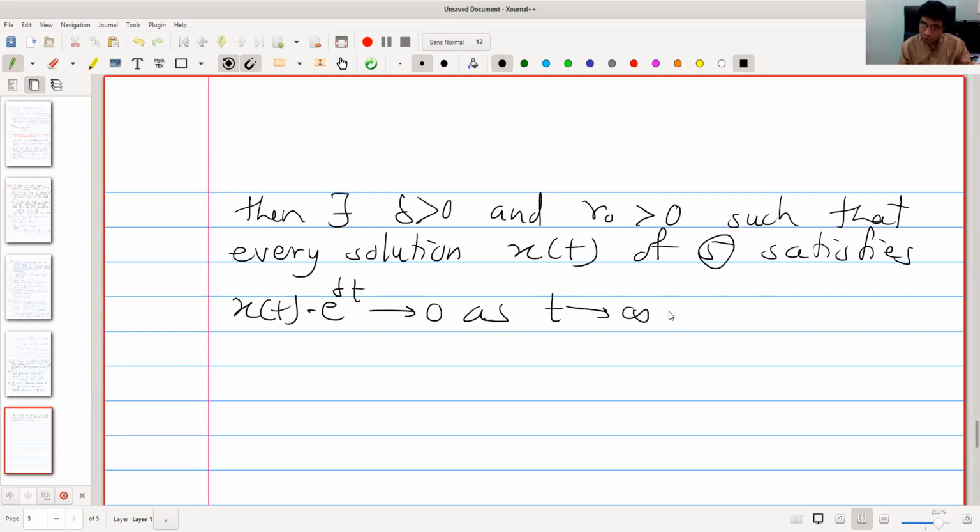This is not true for all r. Remember, this is only for restricted small values of r. This is the important thing: for 0 less than or equal to r less than r0.